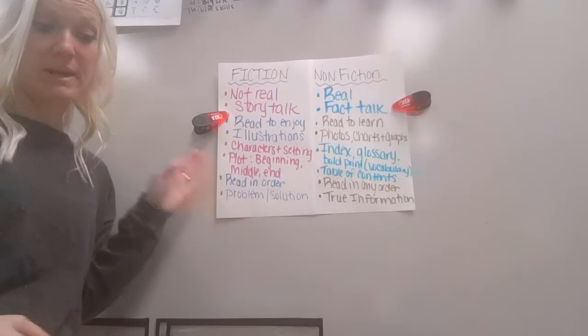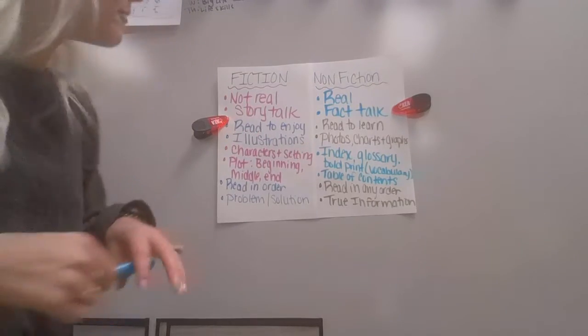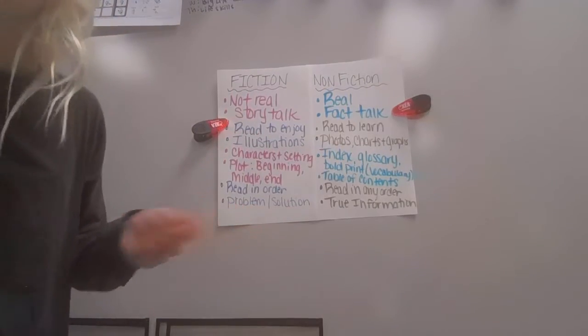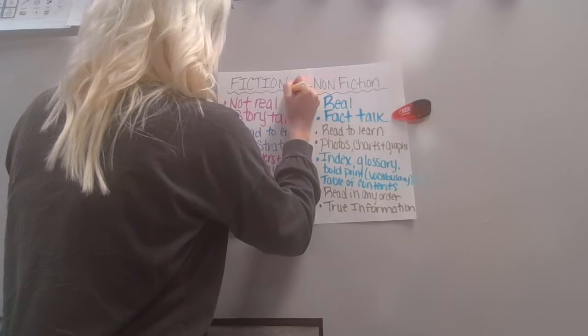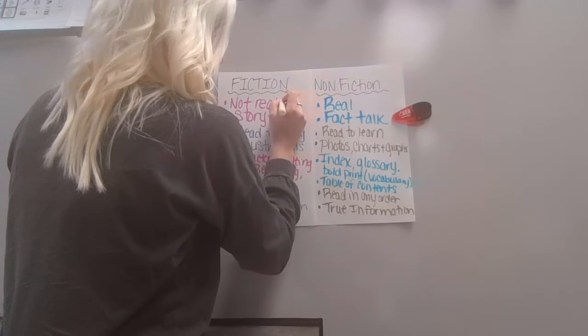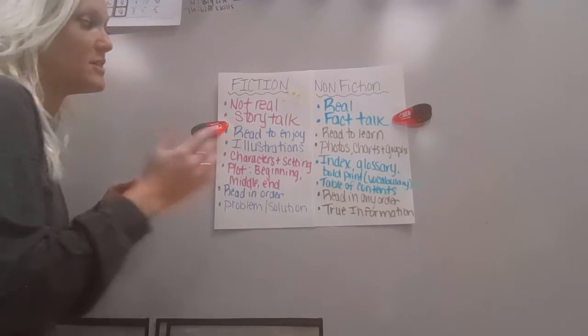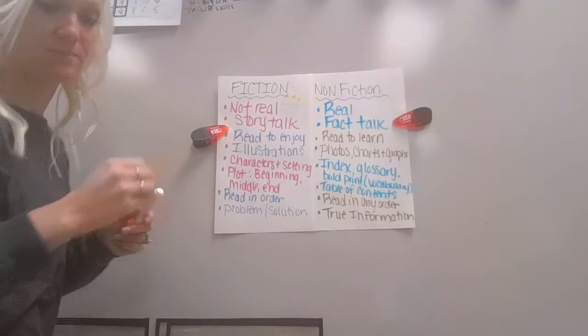I'm going to add like a little picture over here. So a lot of times, maybe you think of a princess. So I'm going to put like a little crown here, because maybe that's what you think of when you think of a story that is fiction. It is not real.